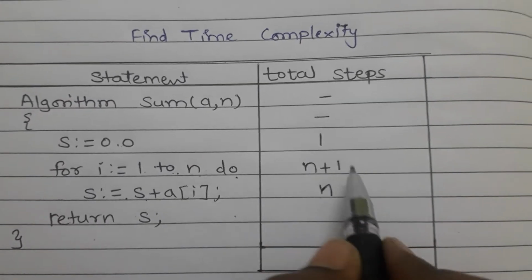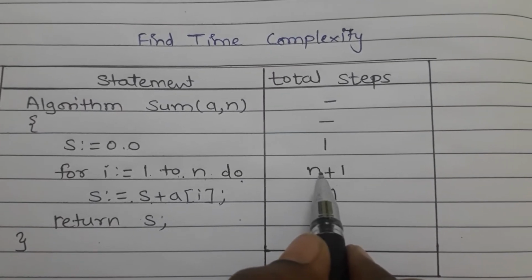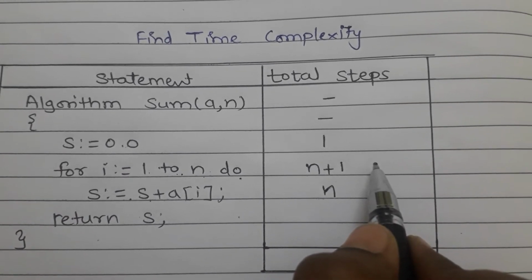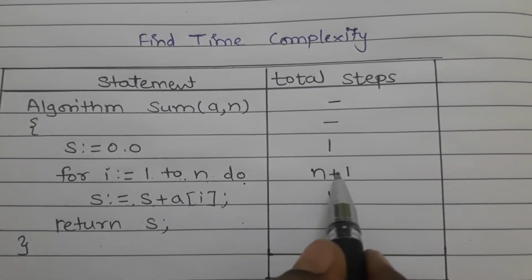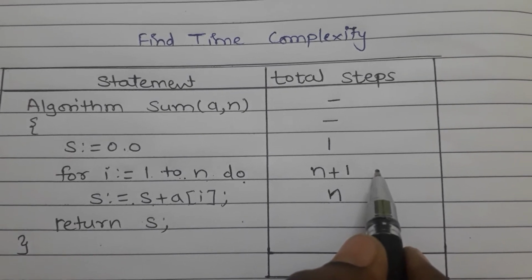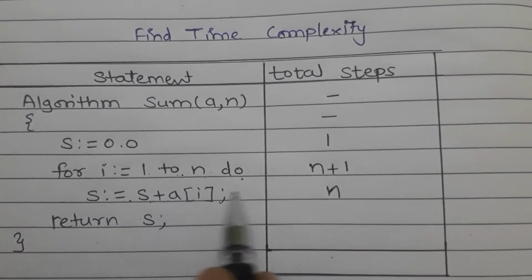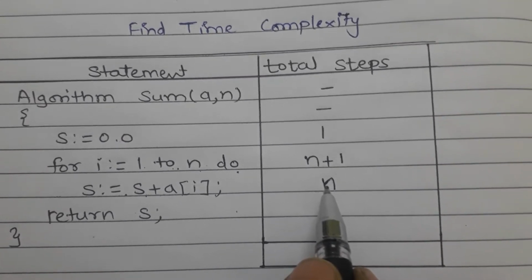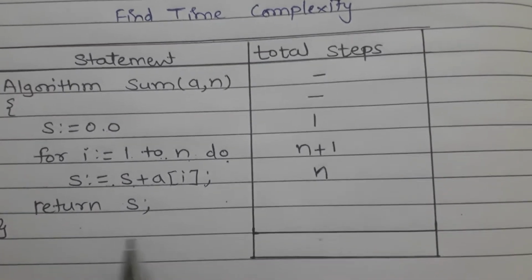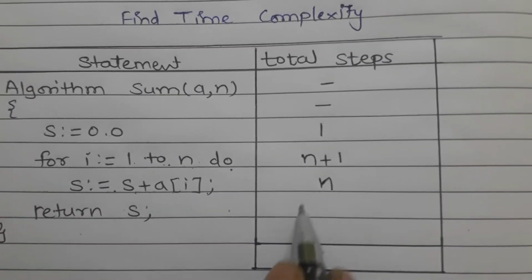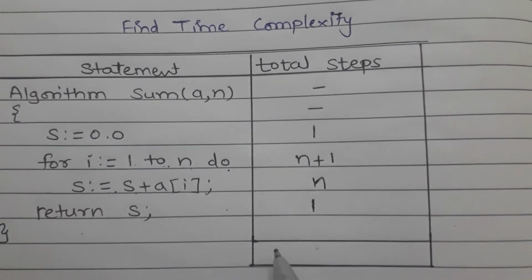Therefore this for statement will be executed n plus 1 times, and the statement present in the for loop will be executed n times. The last statement will be executed one time.